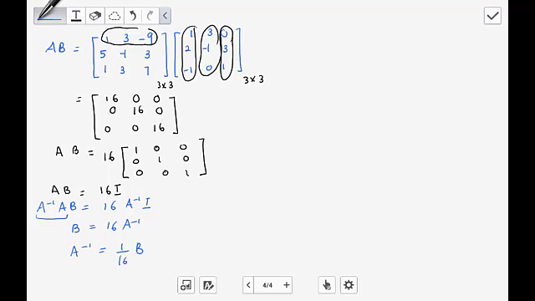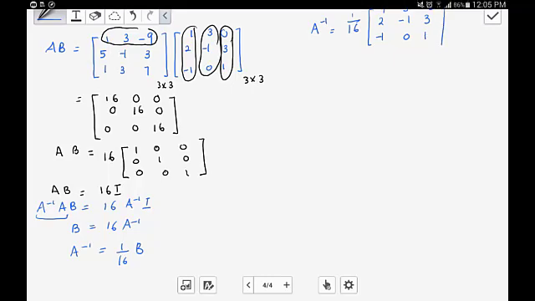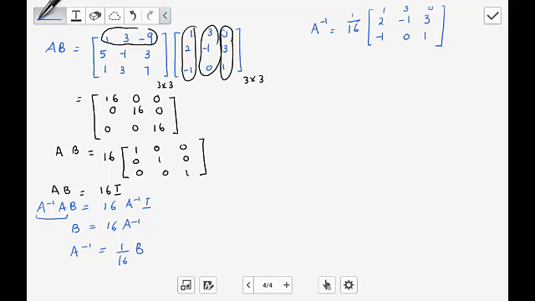But of course this is not your final answer, so you need to write down what your answer is. 1 over 16 B, where B is 1, 3, 0, 2, negative 1, 3, negative 1, 0, 1. If you remember, we cannot write our answer as 1 over 16 multiplied by the matrix.